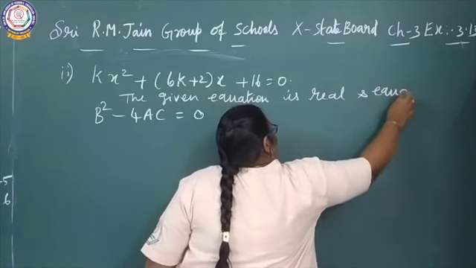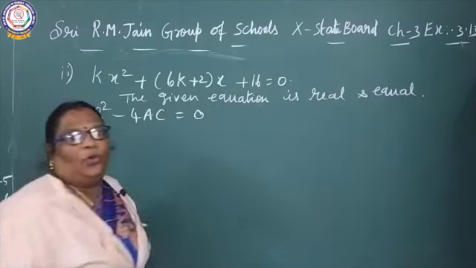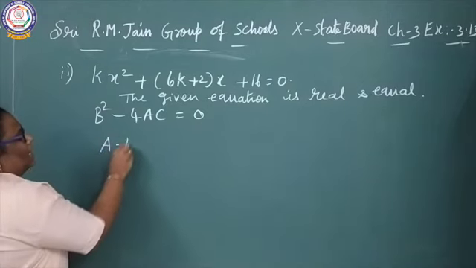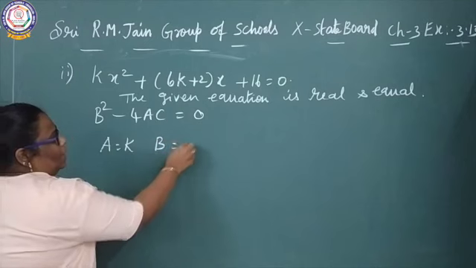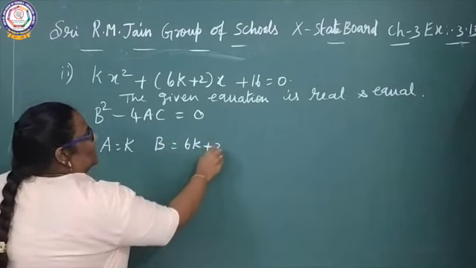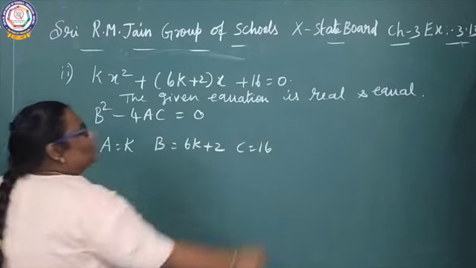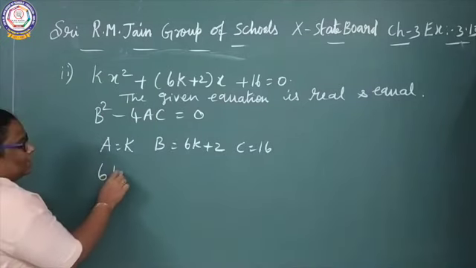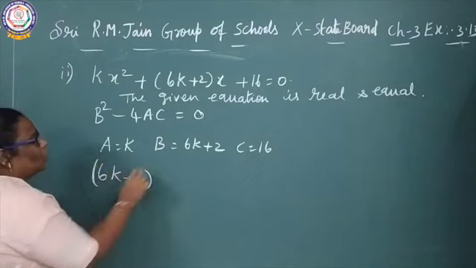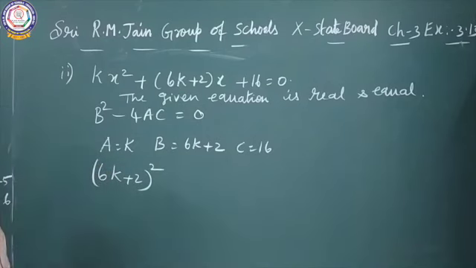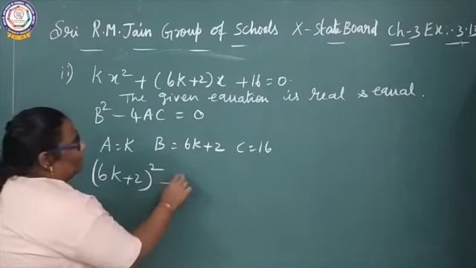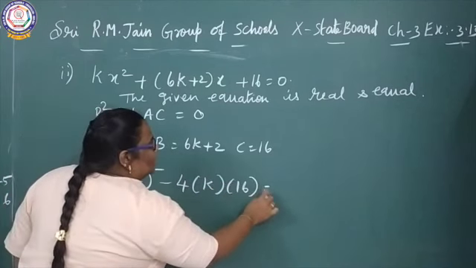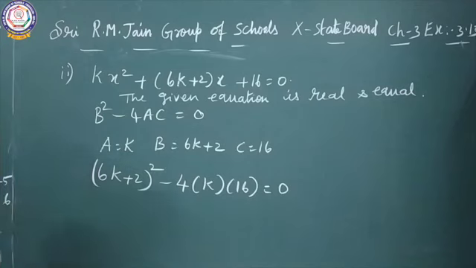Real and equal means b square minus 4ac equal to 0. So what is the value of a? a equal to k, b equal to 6k plus 2, c equal to 16. b square, 6k plus 2 the whole square, minus 4 into k into 16 equal to 0.